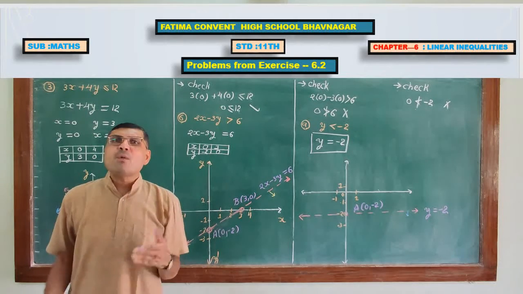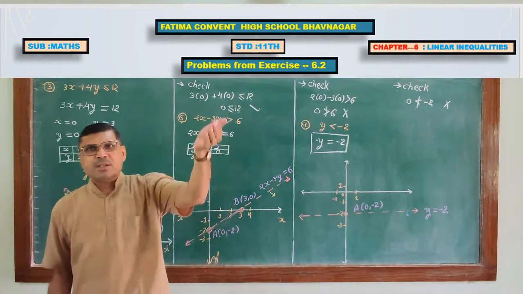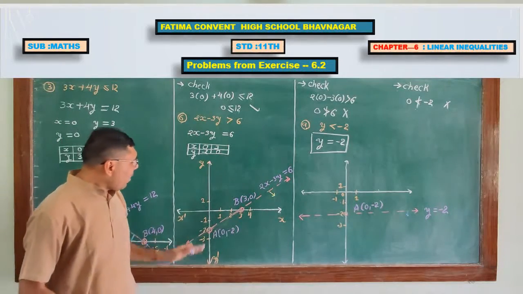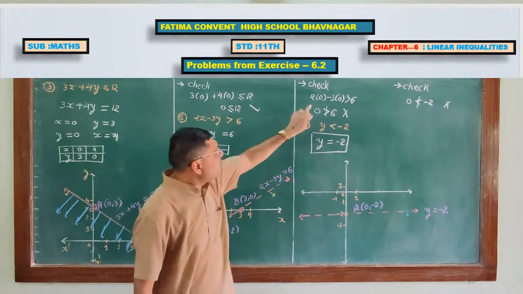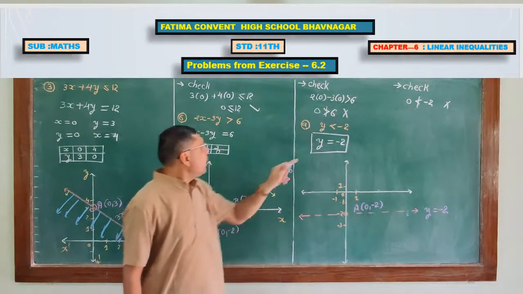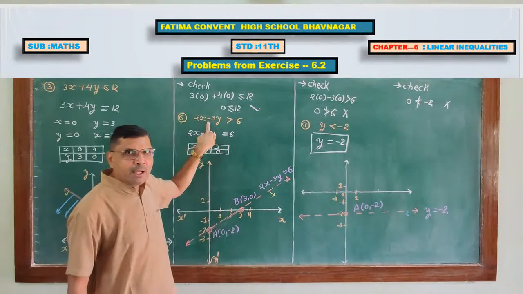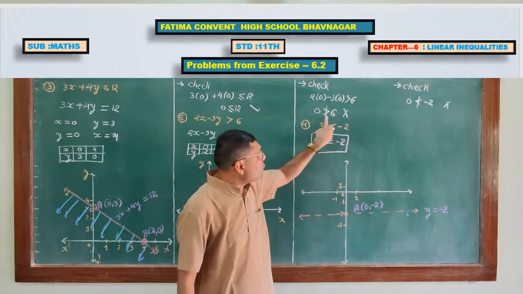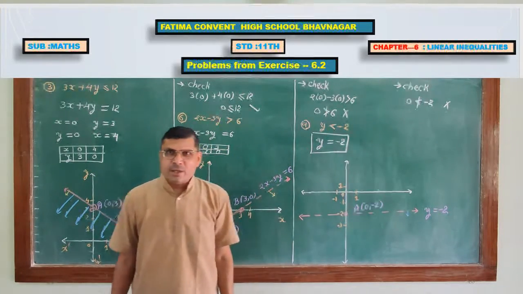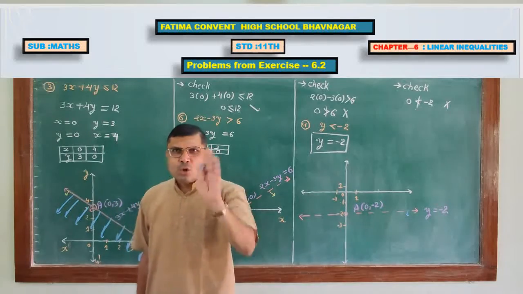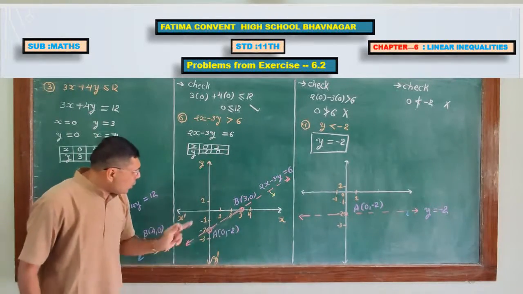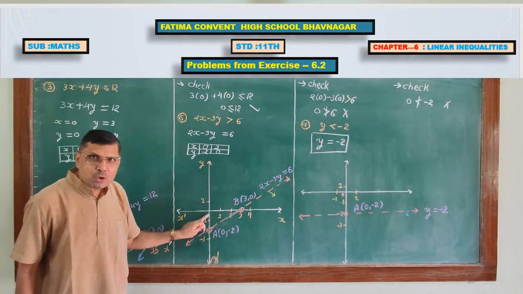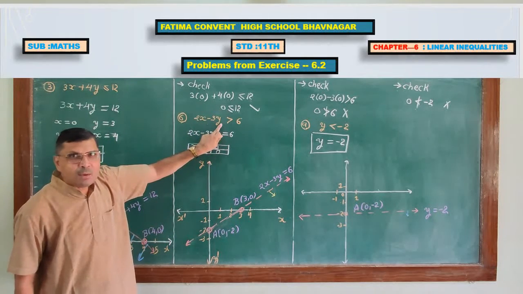Now we have to find out whether it is the upper region or the lower region. How to check? Put 0, 0 in the given inequality. 0 is not greater than 6, as you can understand. So this is not true. This time 0 does not belong to the region, meaning 0 does not satisfy my inequality.